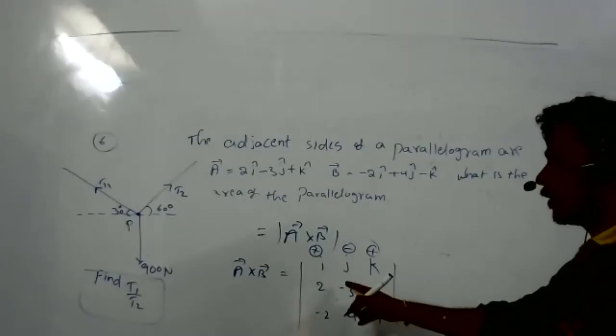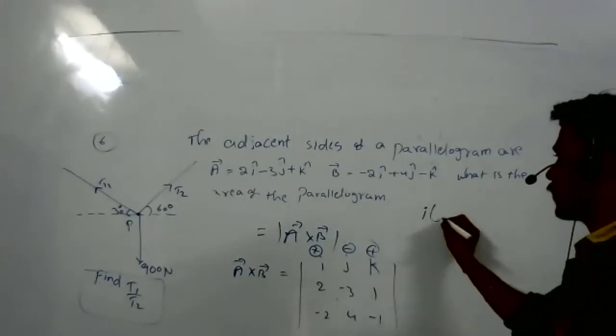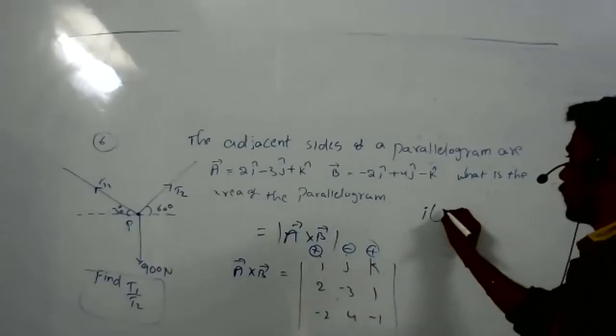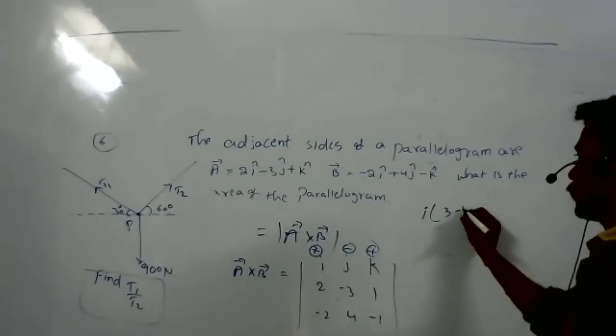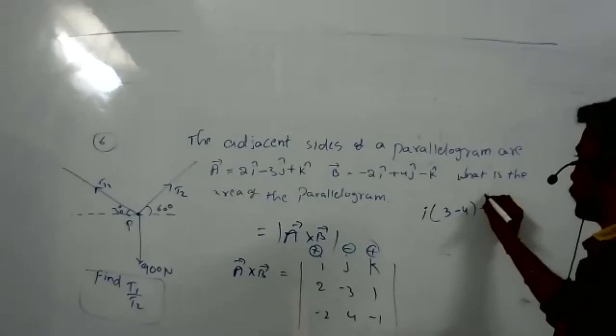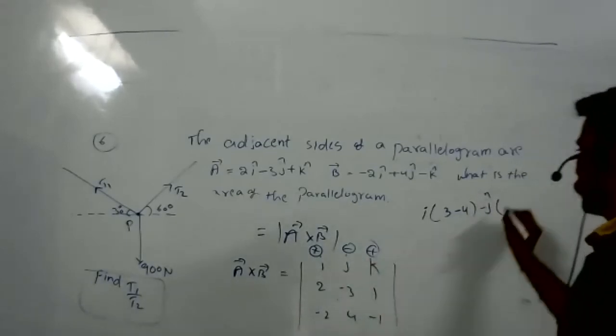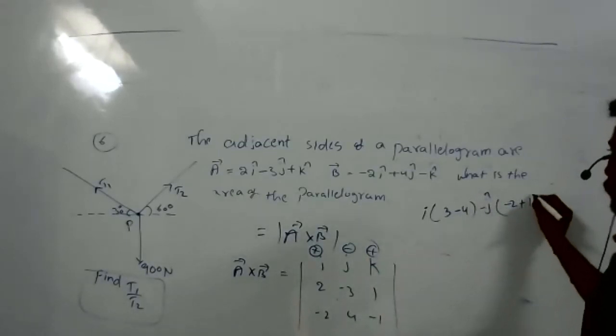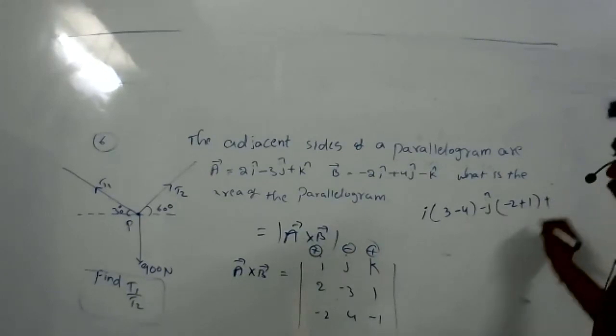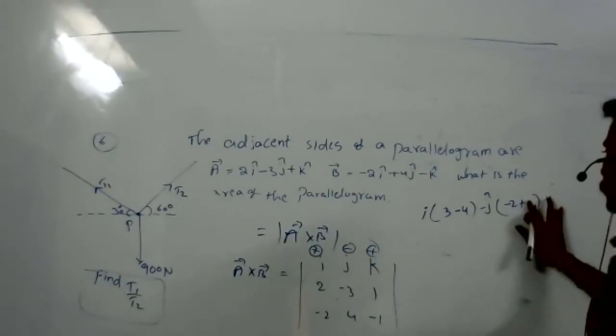I think you should just solve it once. See, I cap we have taken. Once if you take I cap, 3 minus 4, minus J cap, if you solve, we have to do minus 2 plus 1. Sir, plus 2, sir. Yes, it's plus 2.